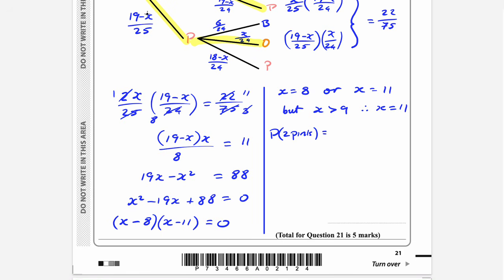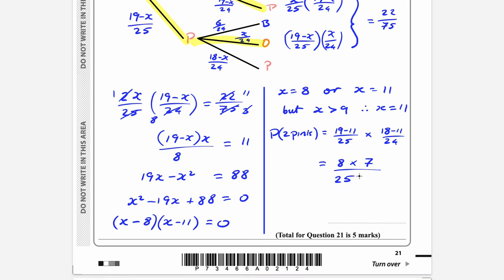So it's 19 minus 11 over 25 times 18 minus 11 over 24. This is equal to 19 minus 11 is 8, 18 minus 11 is 7. 8 times 7 over 25 times 24.